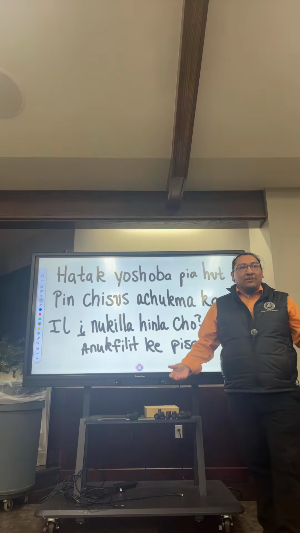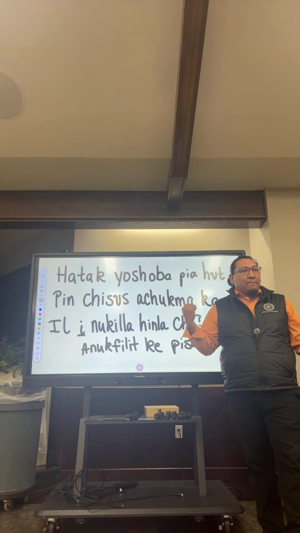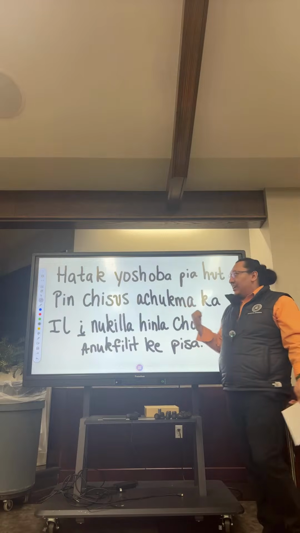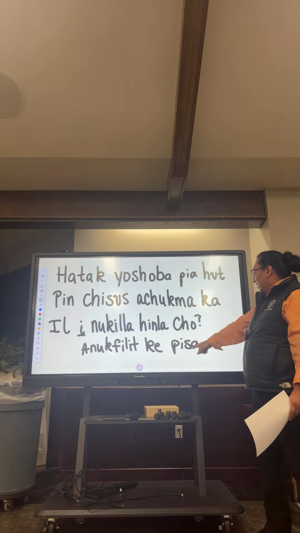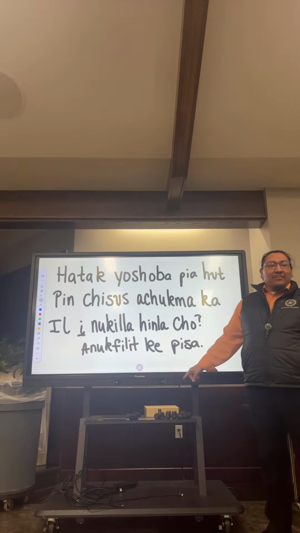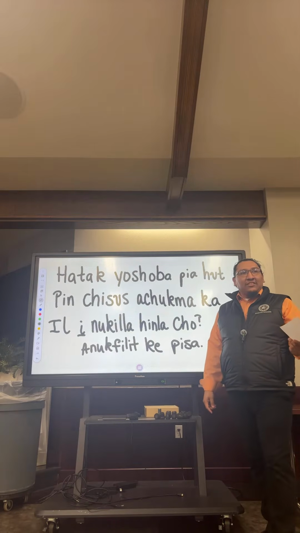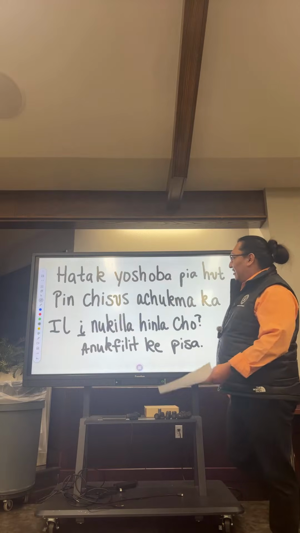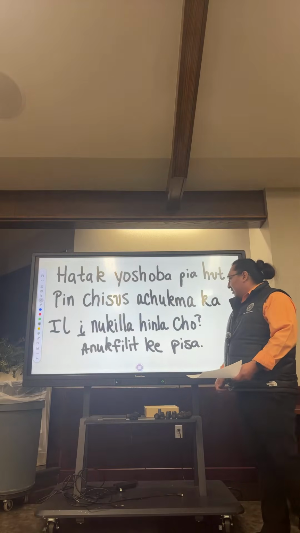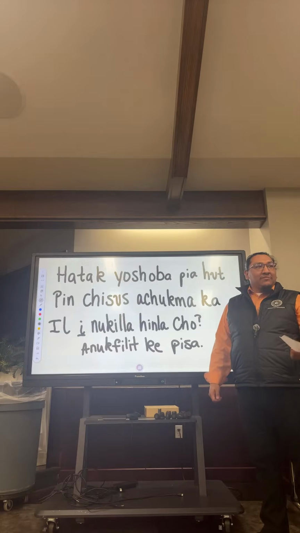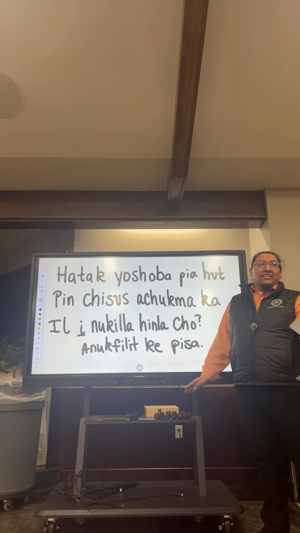So what are some words that we know from the chorus? Pisa, okay? What does that mean? To look, to see. That's what it means, but in this case it changes, but we'll get to that.